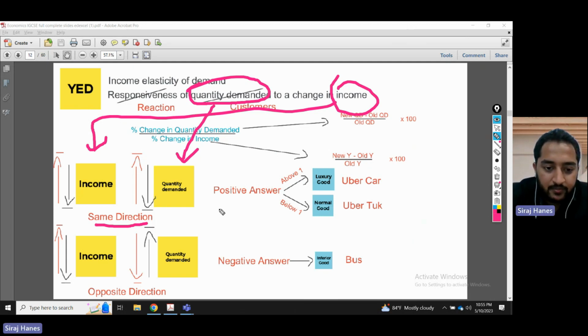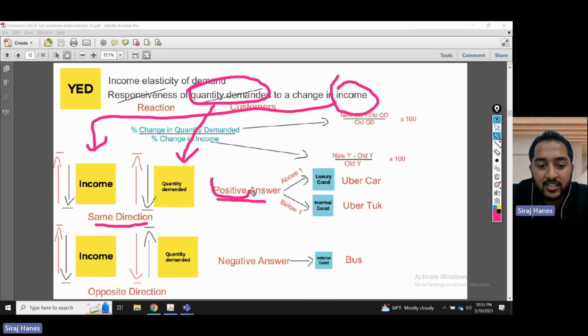So, if it's in the same direction, it's a positive answer. In basic math here, yeah? Plus into plus is plus. Minus into minus is also plus. So if you get the arrows moving in the same direction, it's a positive answer.